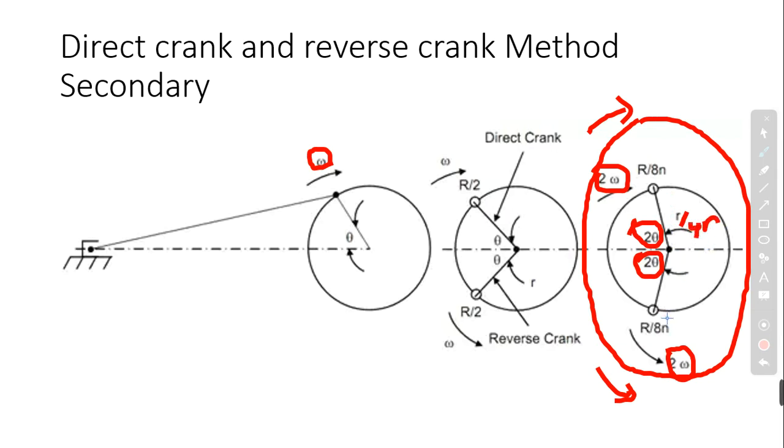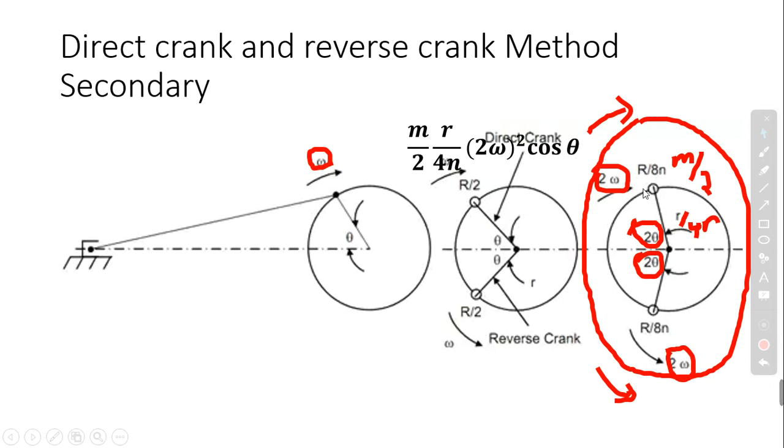Okay, and this radius is equal to r by 4n. Here the crank radius is equal to r by 4n, and mass is equal to m by 2, where m is the reciprocating mass. You know the secondary force is equal to m r by 4n times 2 omega whole square cos 2 theta.